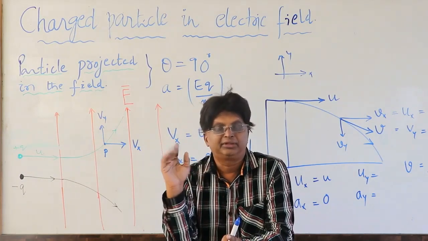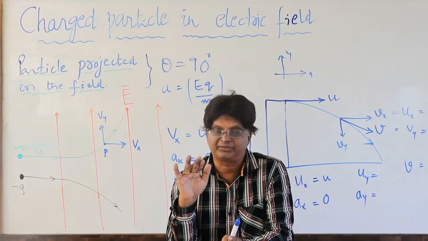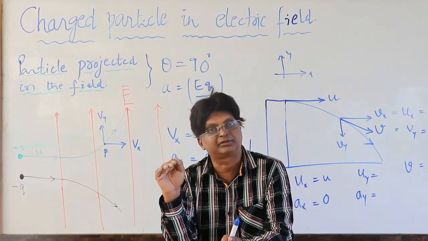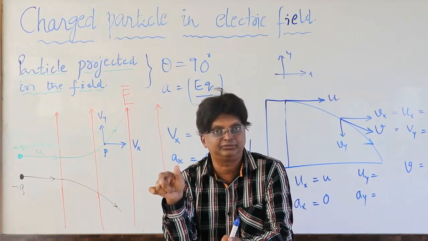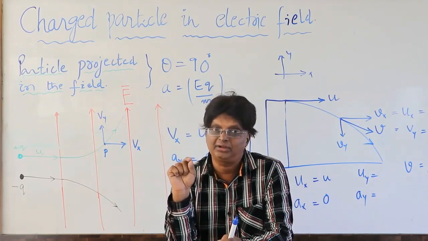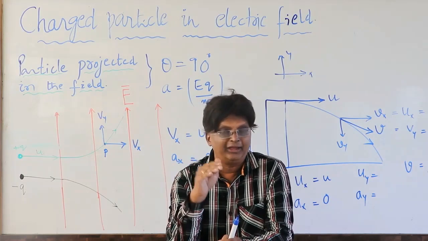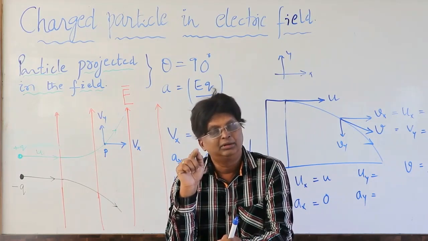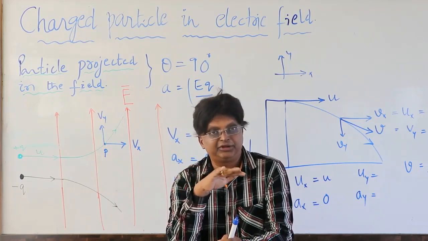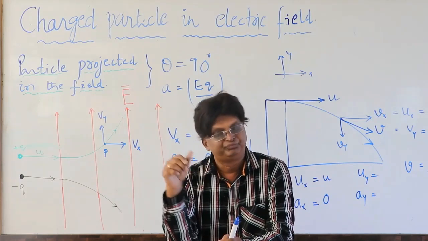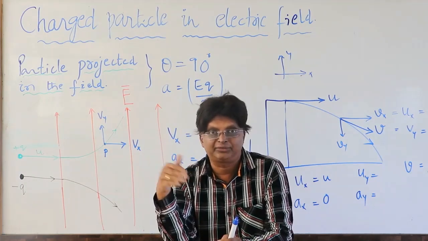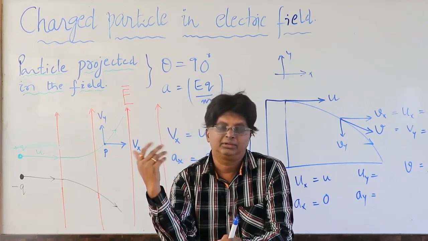Different possibilities. If a positive charge is projected along the electric field, then it gains kinetic energy. If a negatively charged particle is projected anti-parallel to the field, it gains kinetic energy. And also remember, if a charged particle is projected into an electric field at right angles, then both positive and negative charges gain kinetic energies.